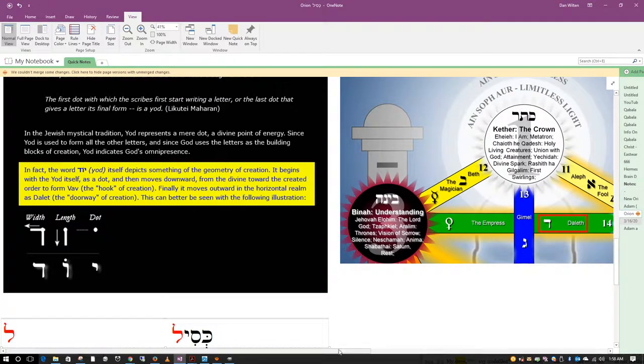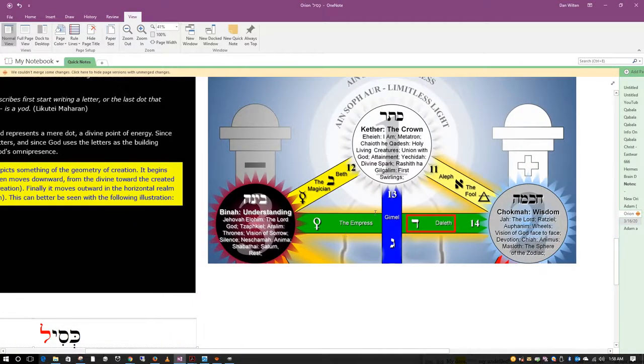And if you notice, the guy in the background, that's right on his forehead, and that's also where you're going to see Jesus' head on the cross. Because what he's really doing on that cross is a representation of the tree of life with his head at Daat, at knowledge, uniting understanding and wisdom, a heart that understands knowledge.